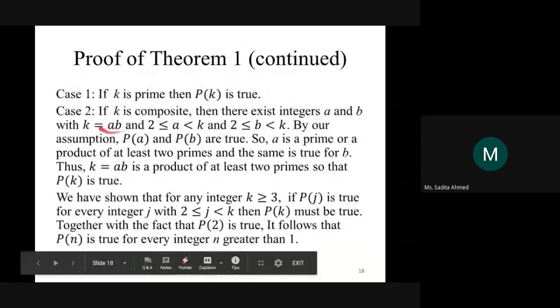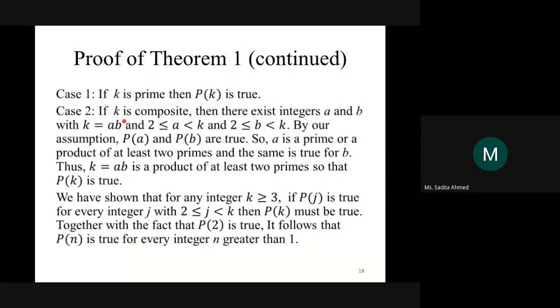That is, a and b, each of these are either primes themselves or they're products of primes. So if they're primes themselves, then k equal to ab is what? A product of primes. If a itself is a product of primes, even then k equal to ab is a product of primes. Same goes for b.